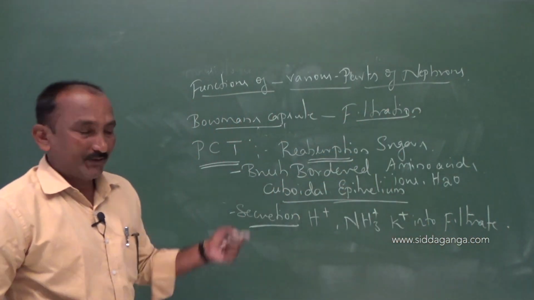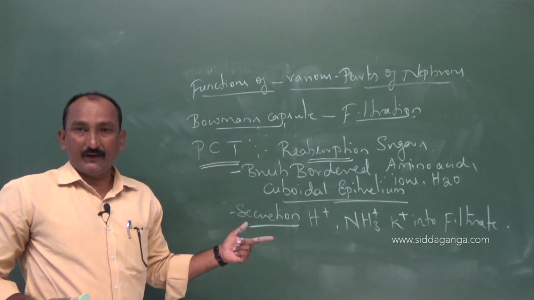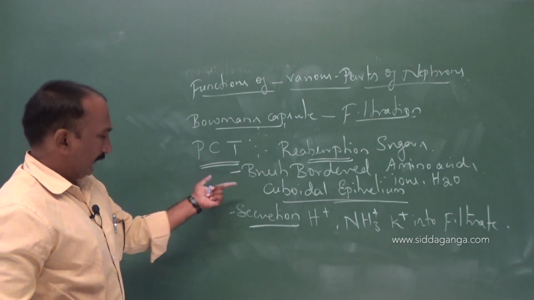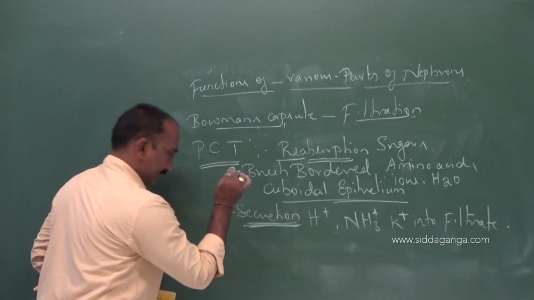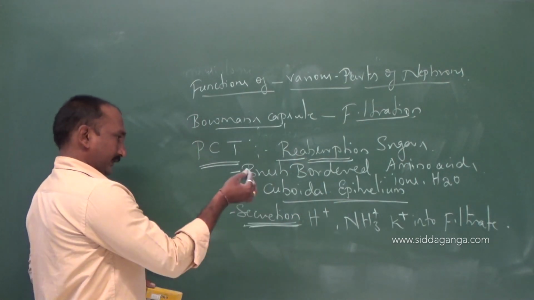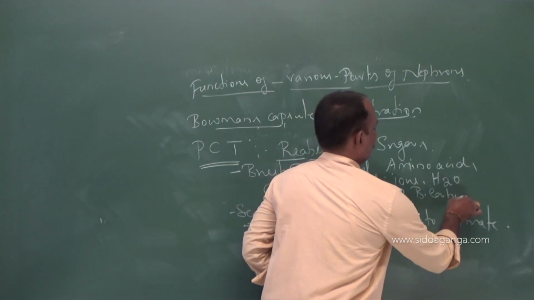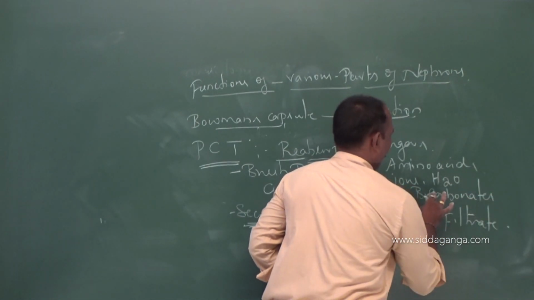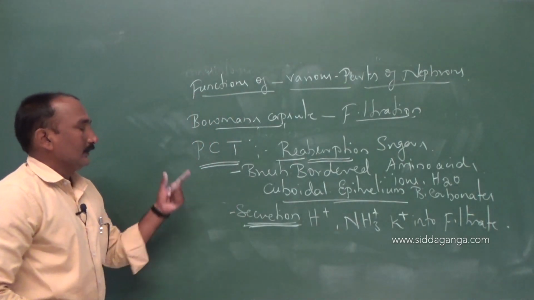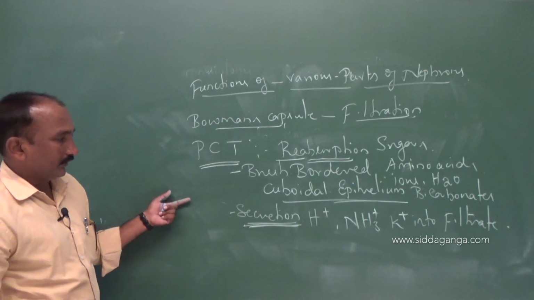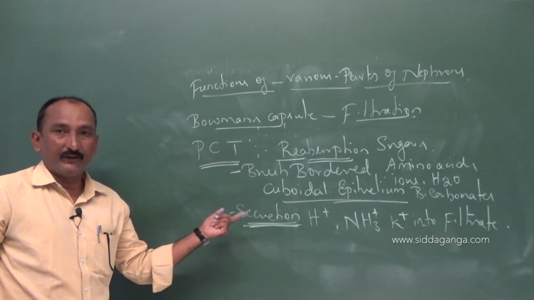So the proximal convoluted tubule is involved in both reabsorption and tubular secretion. Along with that, it can reabsorb some of the bicarbonates.